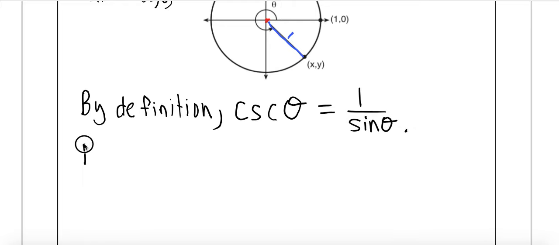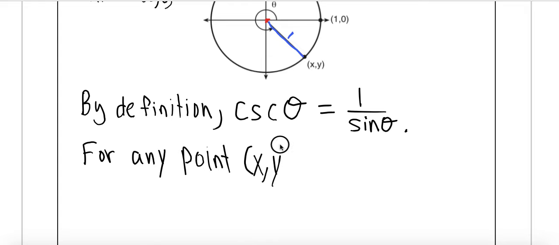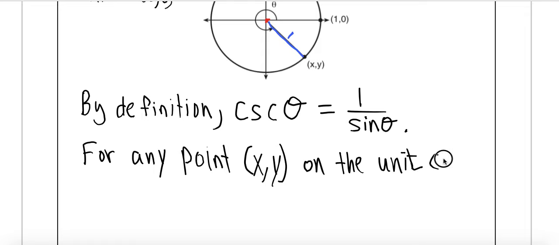Now, for any point x comma y on the unit circle, which means it has center at the origin and radius 1, the x value is equal to cosine theta when you have an angle of rotation.